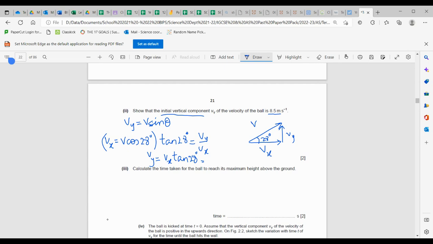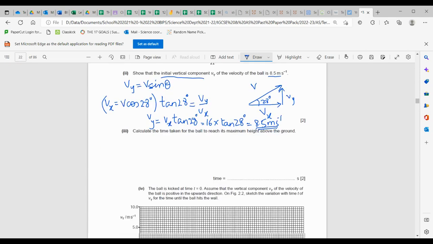So Vx was already found to be 16, 16 multiplied by tan of 28, and when calculated, it will give us a value of 8.5 meter per second. So that becomes our answer, which is exactly what was already given. So in our working, we must show all the steps.